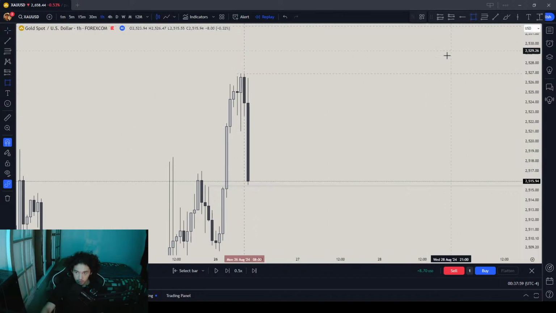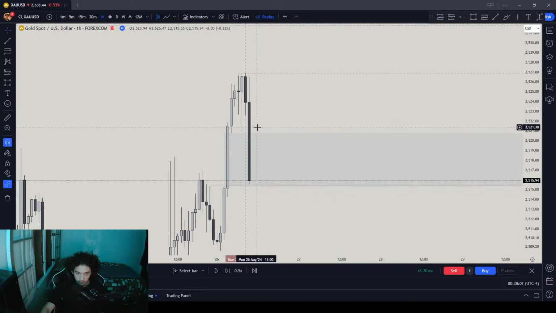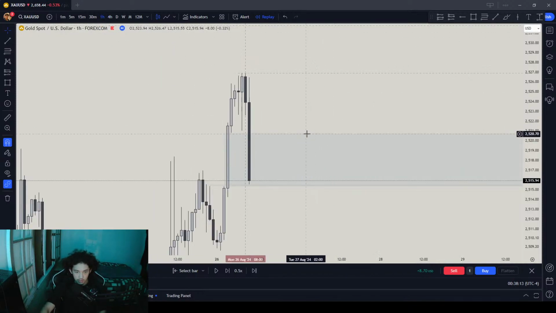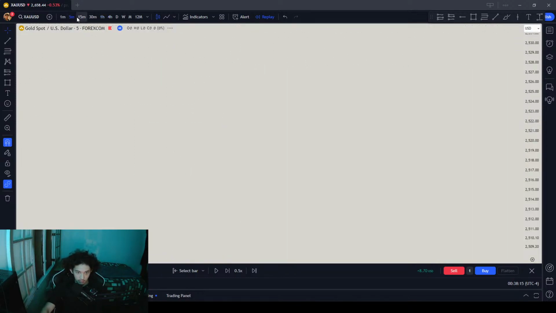We had this huge 4-hour fair value gap here as well. So we're still in the external, so still looking to long, but in the 4-hour time frame, okay, we're still looking to long. This 1-hour time frame during that time.